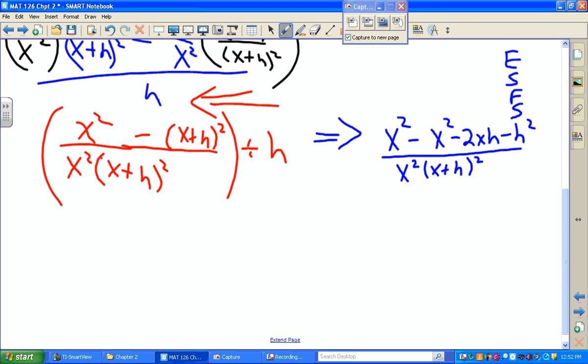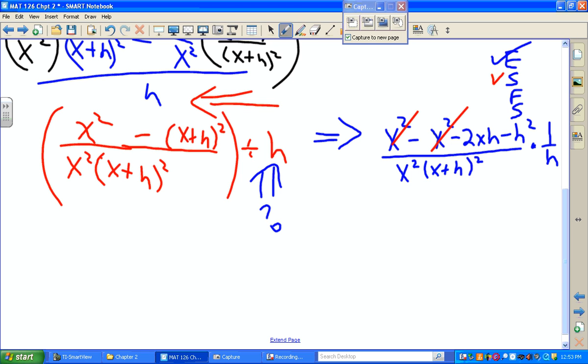And what do you do when you divide by h? That's what I would do. Multiply by 1 over h. You are almost home free. You've expanded. Now I'm going to subtract. Where do you subtract? Subtract.